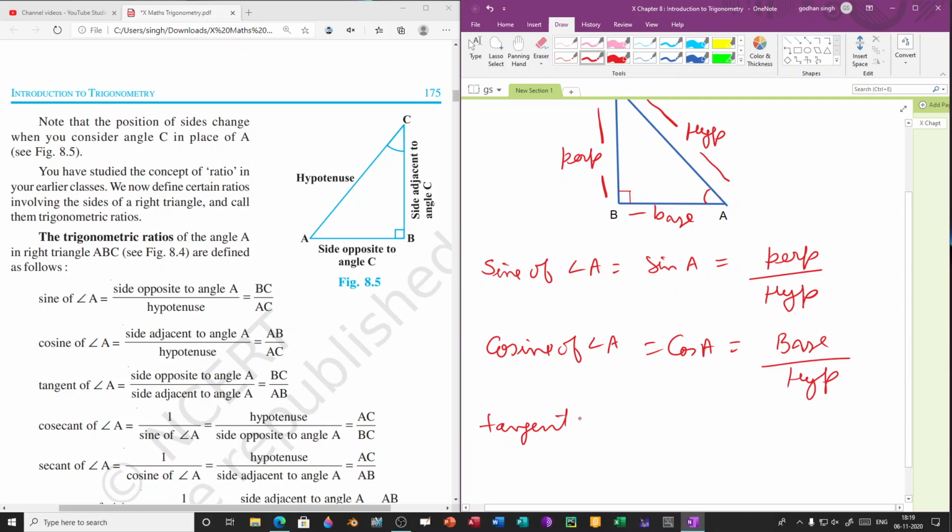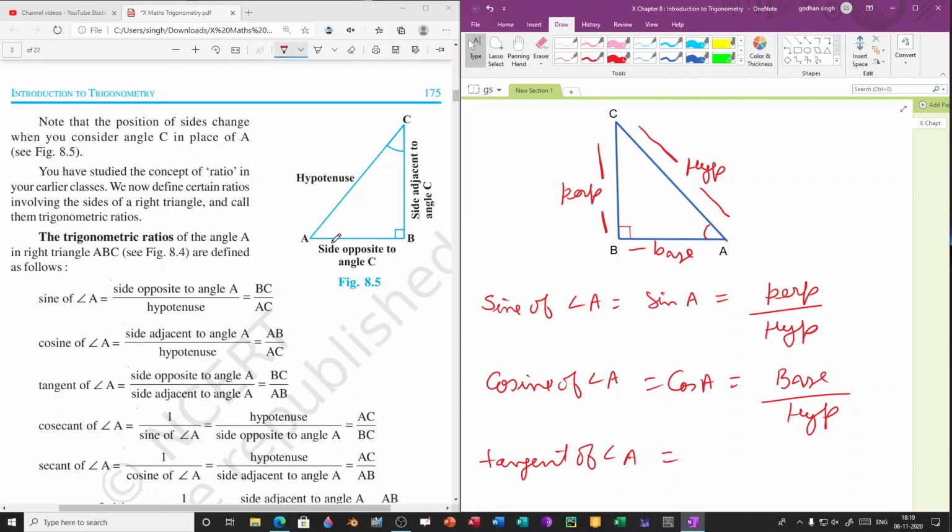Tangent of angle A. So this is our angle A here, or we can consider this figure also. Here also let us write down the same thing. This is our angle A, and this is hypotenuse already given, and opposite to angle A will be perpendicular. So this is our perpendicular, and this is the base.